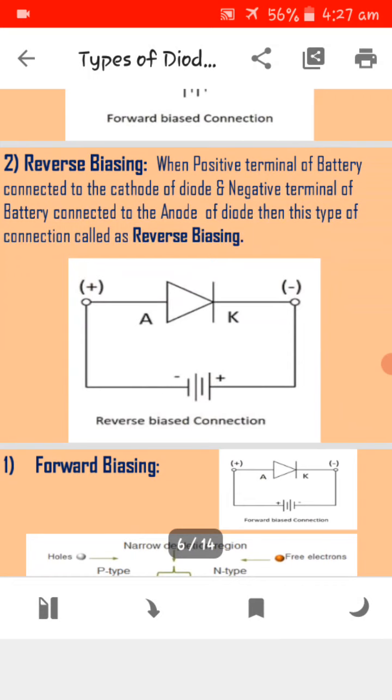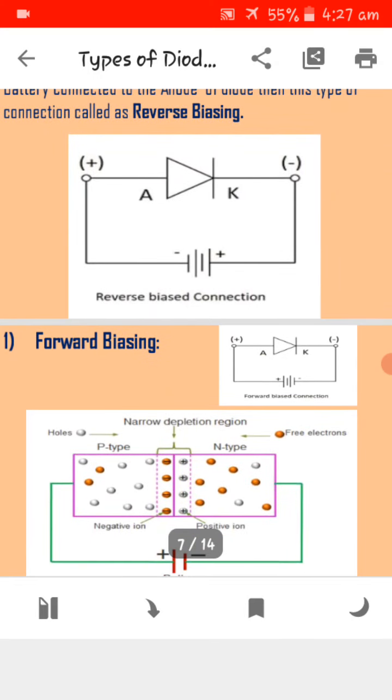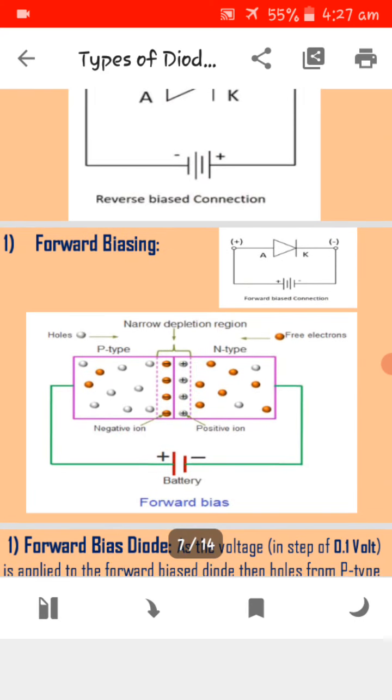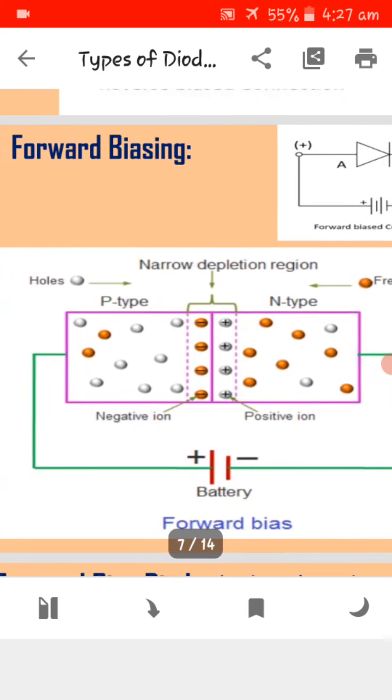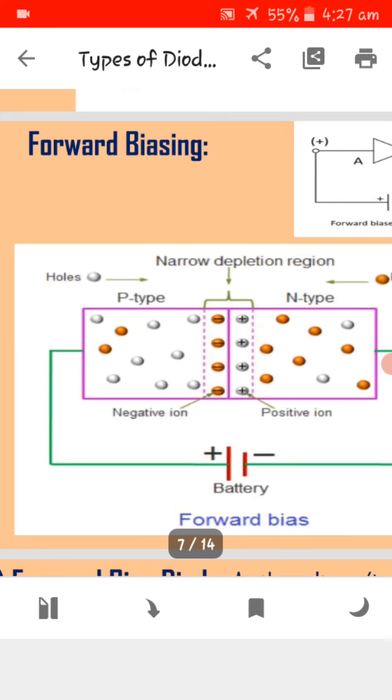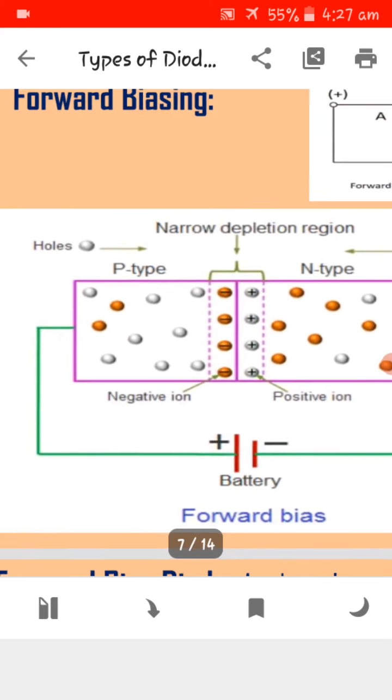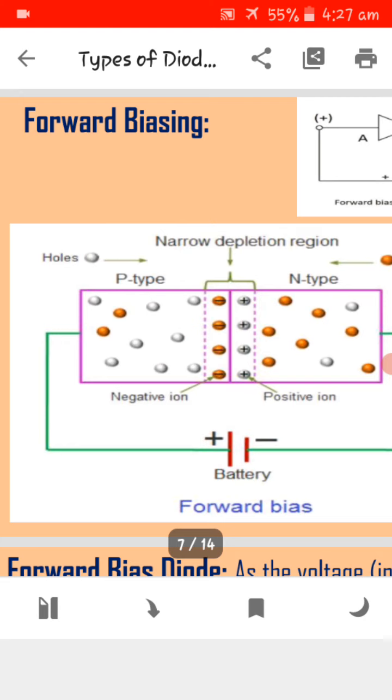So what is the effect of forward biasing on the diode, and what is the effect of reverse biasing on the diode? For this we have to study this figure. The same connection is there for forward biasing, but the p-type region is shown here, the n-type region is shown here, the depletion region is also shown here, and holes within the p-type semiconductor and electrons within the n-type semiconductor are also shown in this figure.